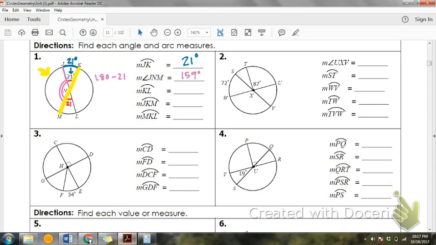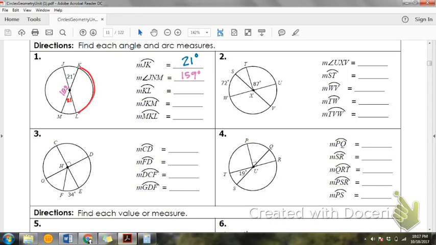Okay, so let me clean up my graph here a little bit. Okay, so this is 159. Alright, and we know that this down here is also 21. So it says, how much is the measure of arc KL from here to here?